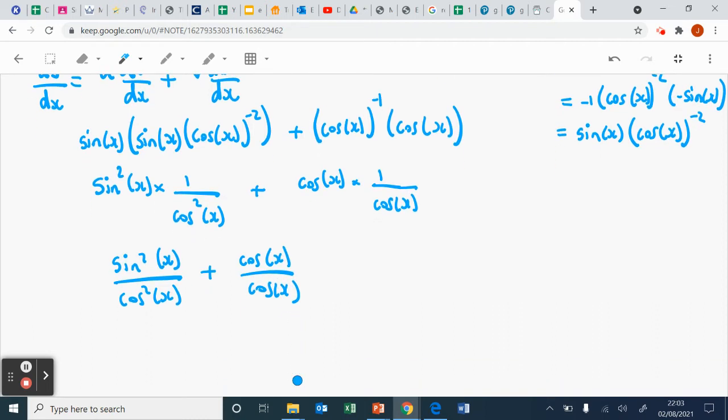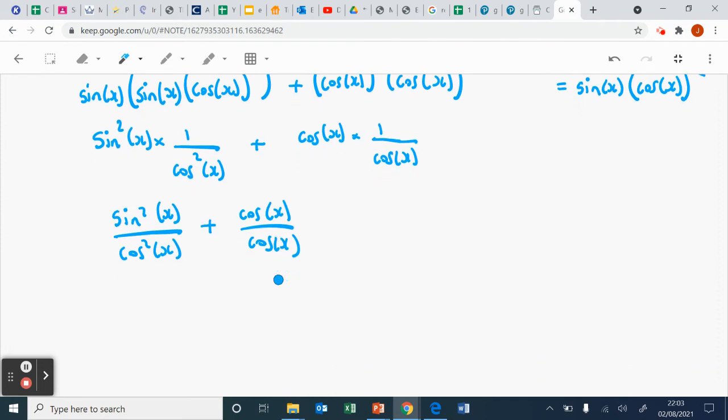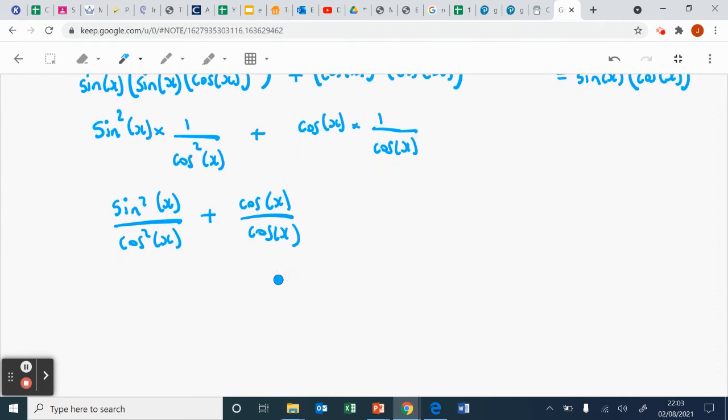Okay. At this stage, there are many things we could do. We could, if we really wanted to, simplify cos x and cos x, giving us 1, and then having this as tan squared x, and then knowing another trigonometric identity, that would help. But so that we don't have to use any identities that are a bit too wild at this stage, I'm actually going to make the fractions have the same denominator.